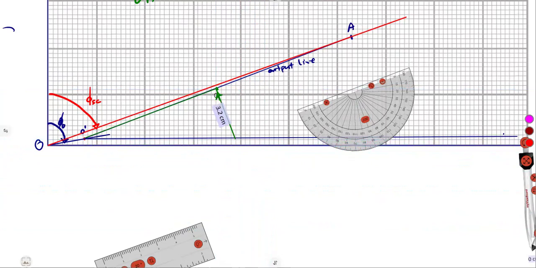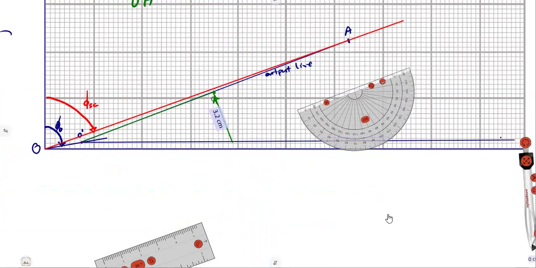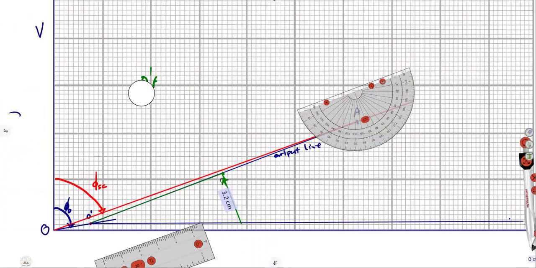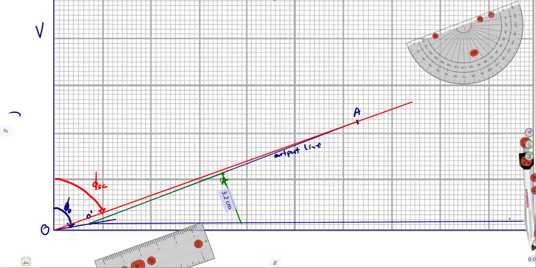But remember, this is supposed to be an extended line. So I just hope it is going to be easier. Yes, we can even extend that one. Let's try to extend it this side. So I'm just going to extend this line like this.